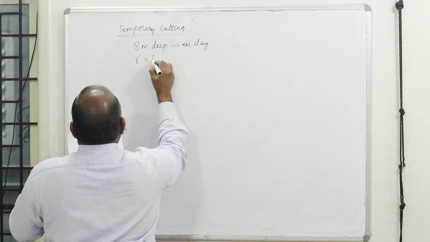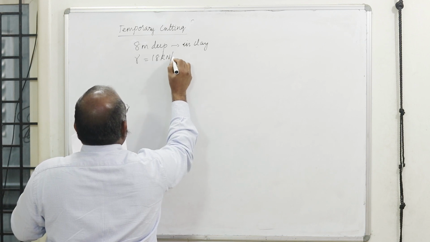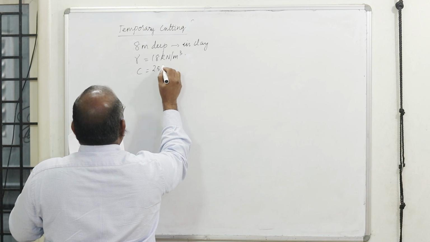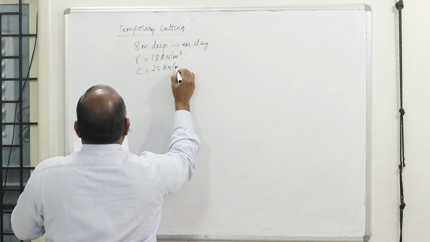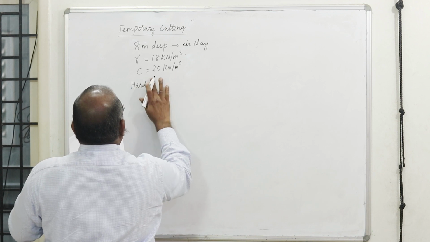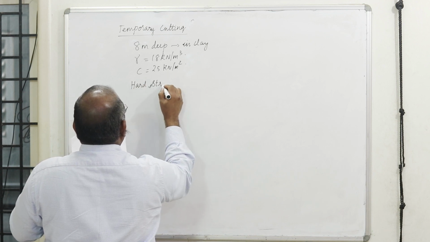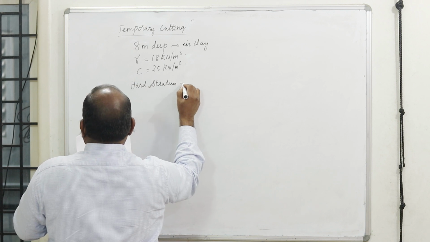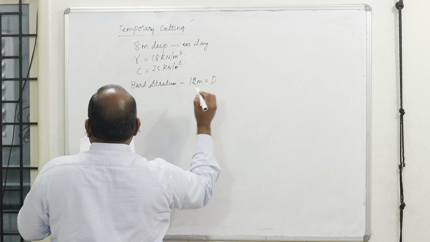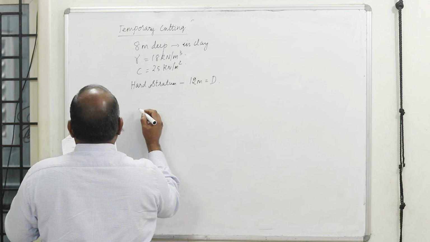The unit weight is 18 kilonewton per meter cube. C is equal to 25 kilonewton per meter square. The hard stratum is found at a depth of 12 meters below the ground surface. Use Taylor stability curve to estimate.